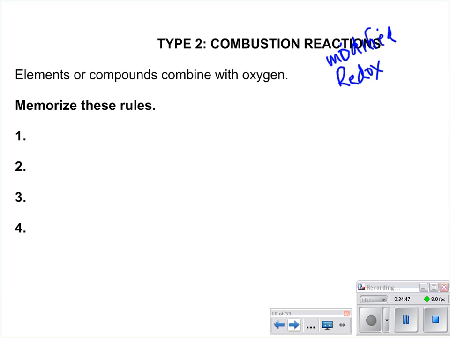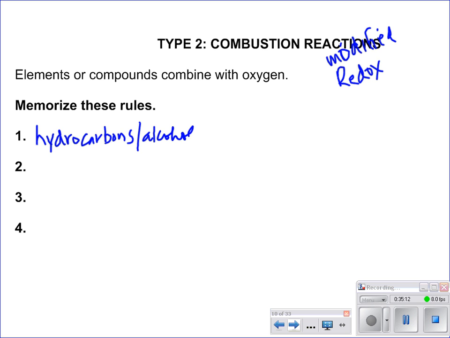So the rules, I'm really not even going to worry too much about rules for combustion. I'll jot them down, but don't memorize these because you're going to get to use them. Hydrocarbons, this is what you learned from Chem 1. Hydrocarbons plus oxygen makes what? Hydrocarbons or alcohols.